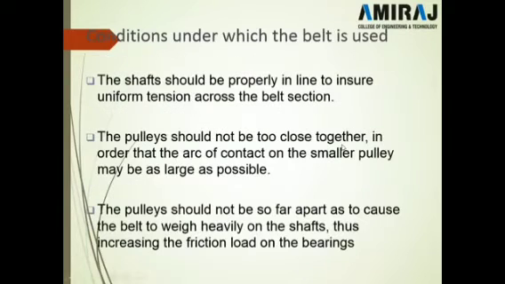Next, the conditions under which the belt is used. The shafts should be properly in line, ensuring uniform tension across the belt section, right? The first condition is that the two shafts used to transmit the power have to be properly in line, or you can say the centers of both shafts have to coincide, to ensure uniform tension across the belt section.